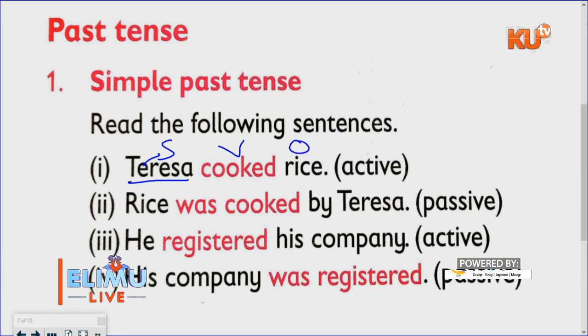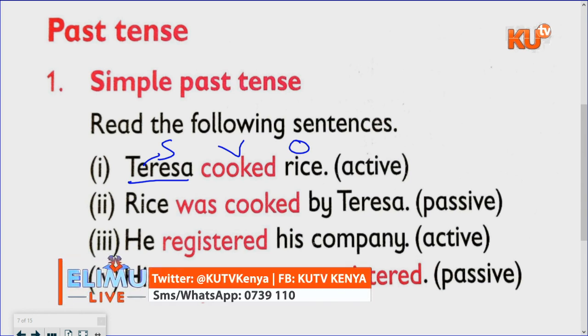The importance of identifying the subject, the verb, and the object is that when you want to change, it is going to be easier, because you are going to take your subject to be the last part of the sentence, because your focus is going to be on the object in passive voice.